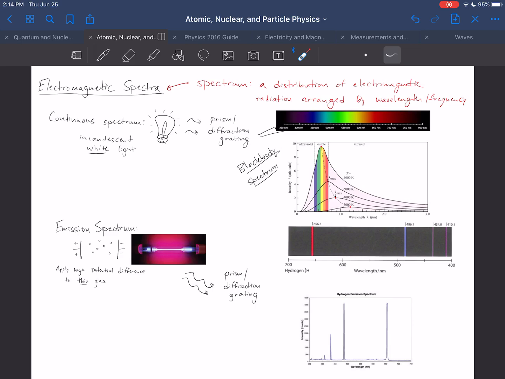It turns out that if you take that light and run it through a prism or a diffraction grating, you don't get a clean rainbow. In fact, you discover that the light that you get is split up, and you only have very particular wavelengths of light inside that source. So, as it turns out, this particular picture is from hydrogen, and if you apply a very high potential difference to hydrogen, you get this generally pink light.